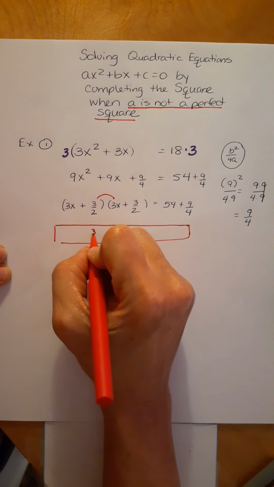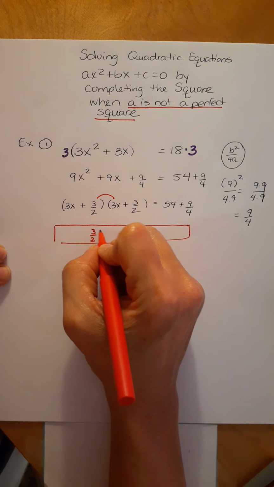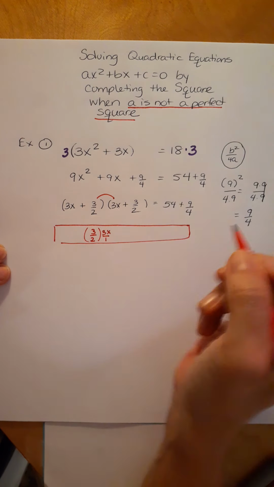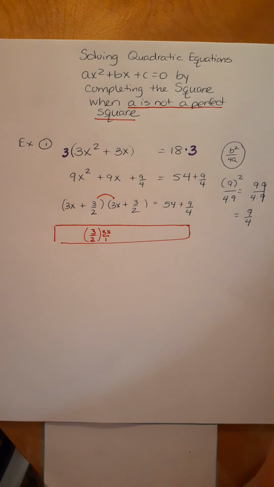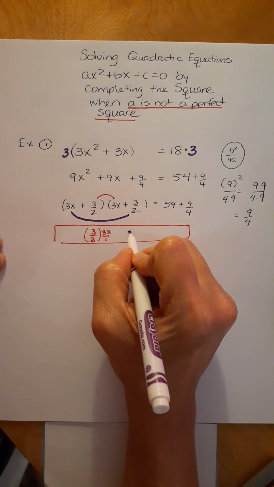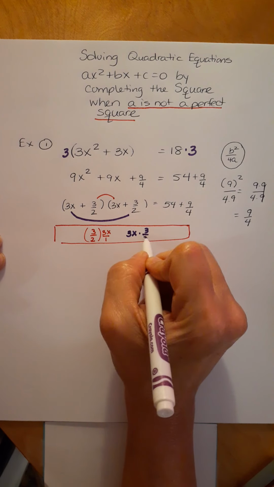So these two would be 3 over 2 times 3x over 1, and these always give us the middle terms. 3x times 3 over 2.